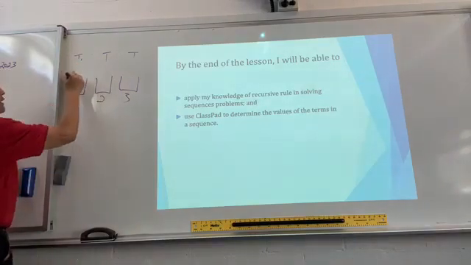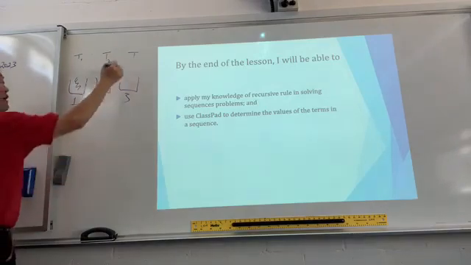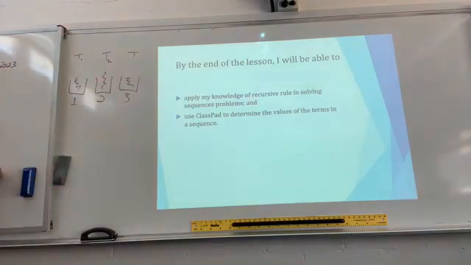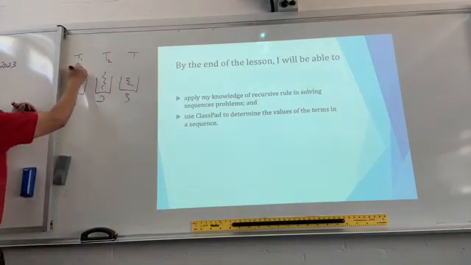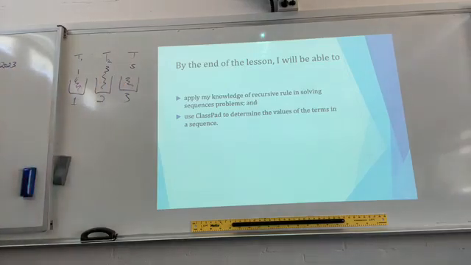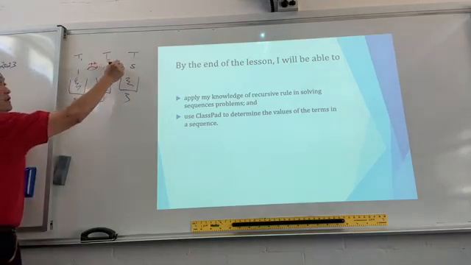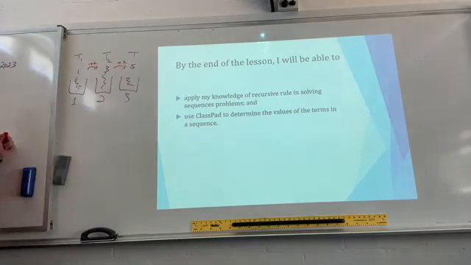So T1 is whatever is inside the container. T2 is whatever is inside the container. T3 is whatever is inside the container, all right? So it could be, let's say 1, 3, and 5. And then the sequence will then be plus 2, correct? Yeah? Are you all happy with that?